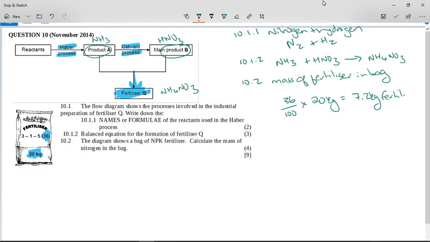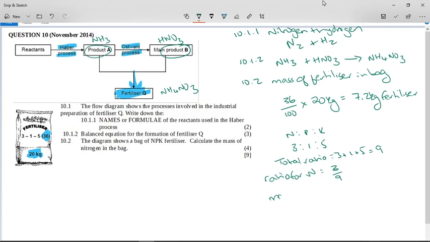Now, of that fertilizer, we have an NPK ratio. N is to P is to K of 3 is to 1 is to 5. So the total of my ratio is 3 plus 1 plus 5, which is 9. So that's the total amount of the elements in the bag, 9 parts. Okay, and then what is the ratio for the N only? It is 3/9.